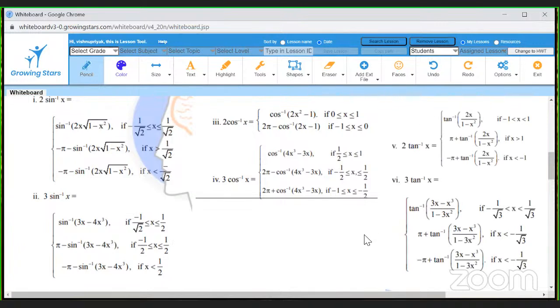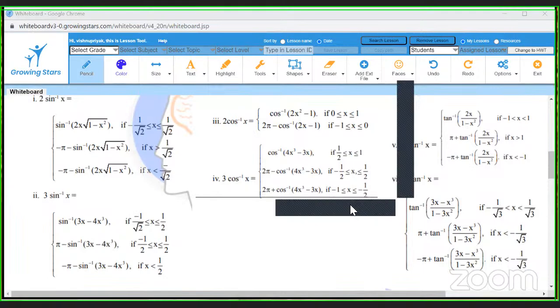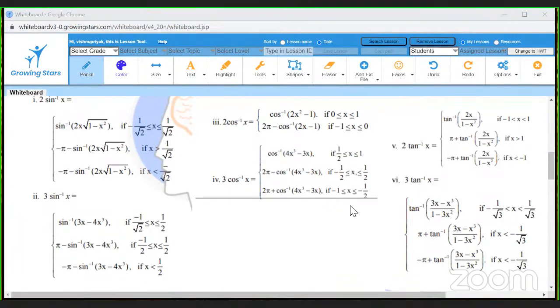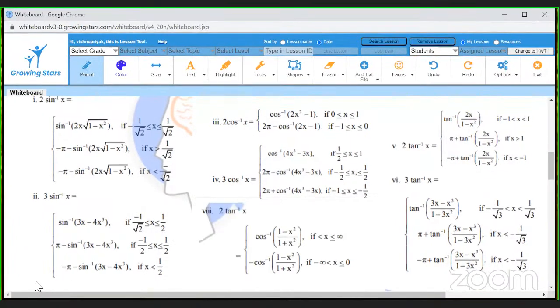Some more here. And here I'm putting the last. So these all are the properties of inverse trig functions.